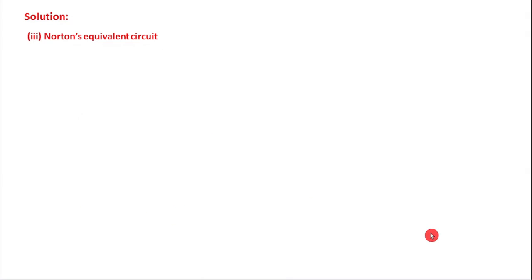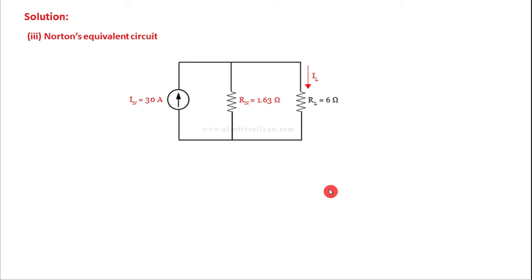Once it is determined, next is to draw the Norton's equivalent circuit. We know the current, we know the resistance. Both are connected in parallel, and this parallel combination is connected across the load.